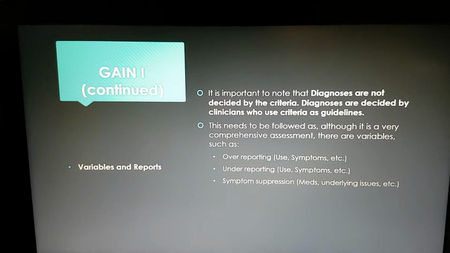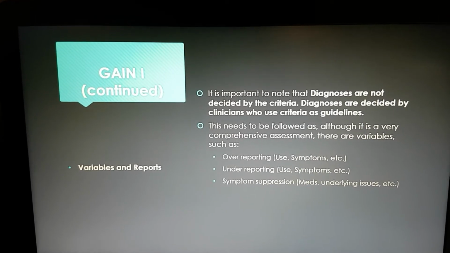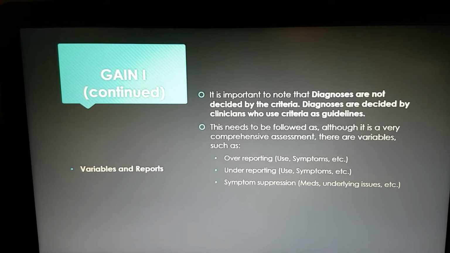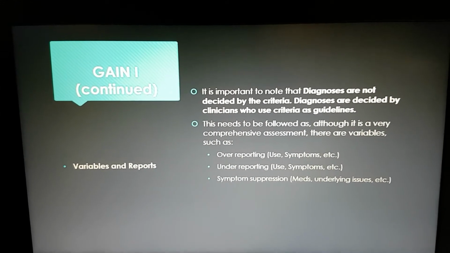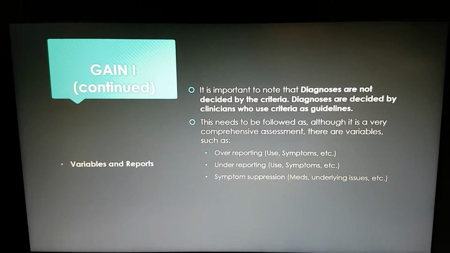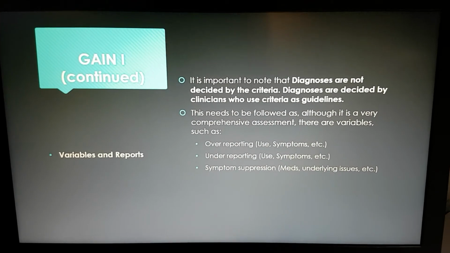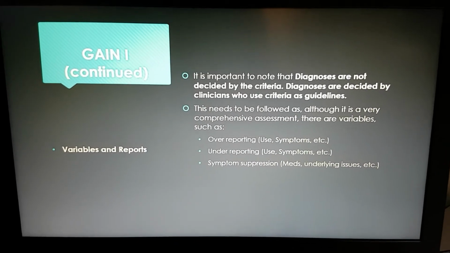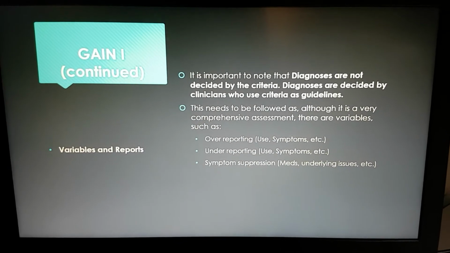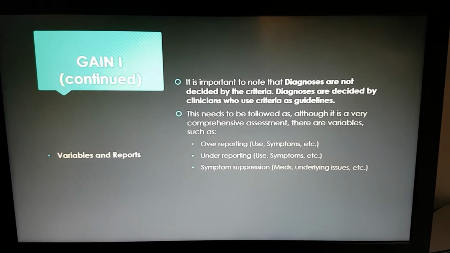This needs to be followed, as although it is a very comprehensive assessment, there are variables such as over-reporting, which could be overstating symptoms of mental health issues, and under-reporting, or symptom suppression. That could be if somebody is taking medication and therefore not showing symptoms of a certain mental disorder. So these need to be taken into account as well.